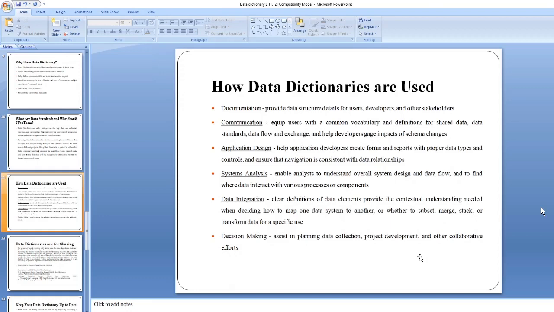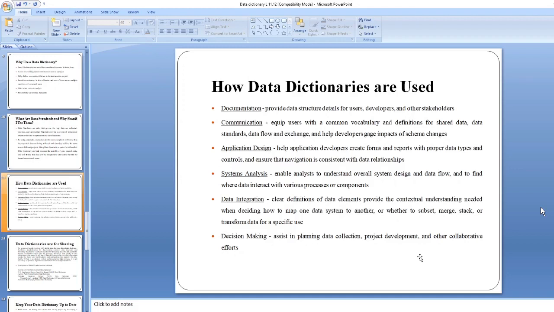Okay, so it would equip users with a common vocabulary. So you can see there would be specific terms which would define the working manner or working flow of that particular project. So those vocabularies would be there while we would be having communication, which would show the progress of the project.